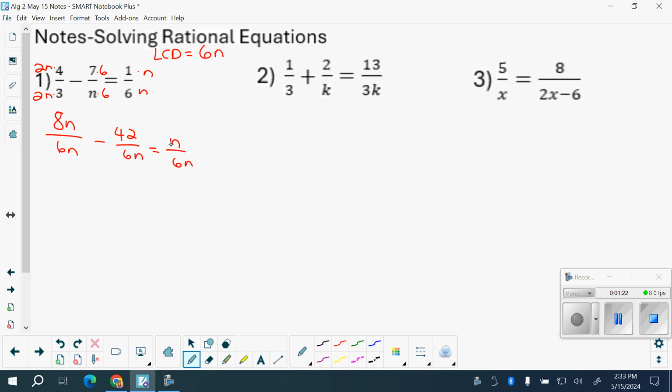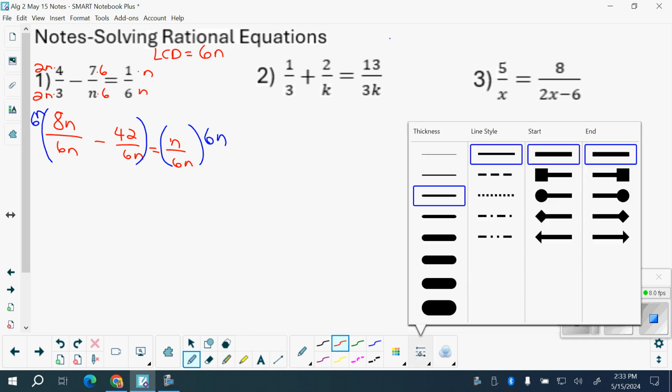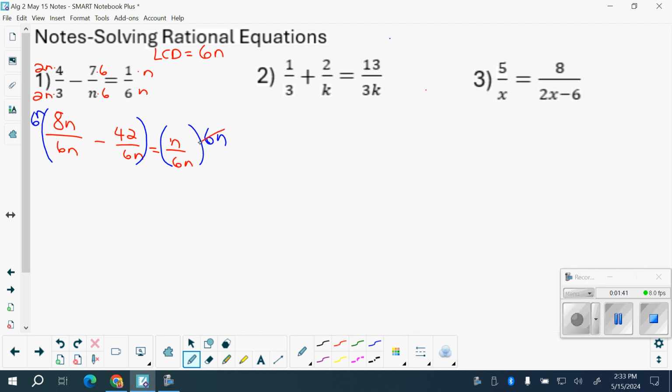Now what next? Multiply by that least common denominator to get rid of those fractions. So then the denominators now go away, and we have 8n minus 42 is equal to n.